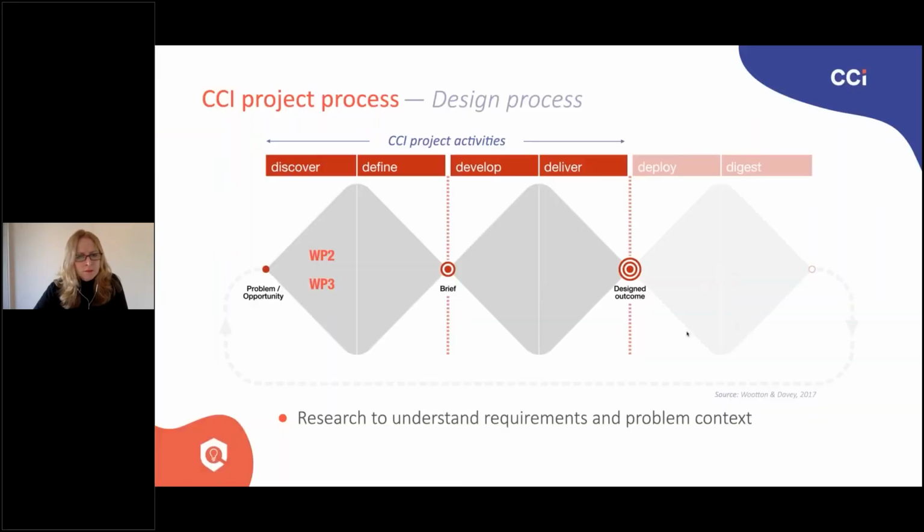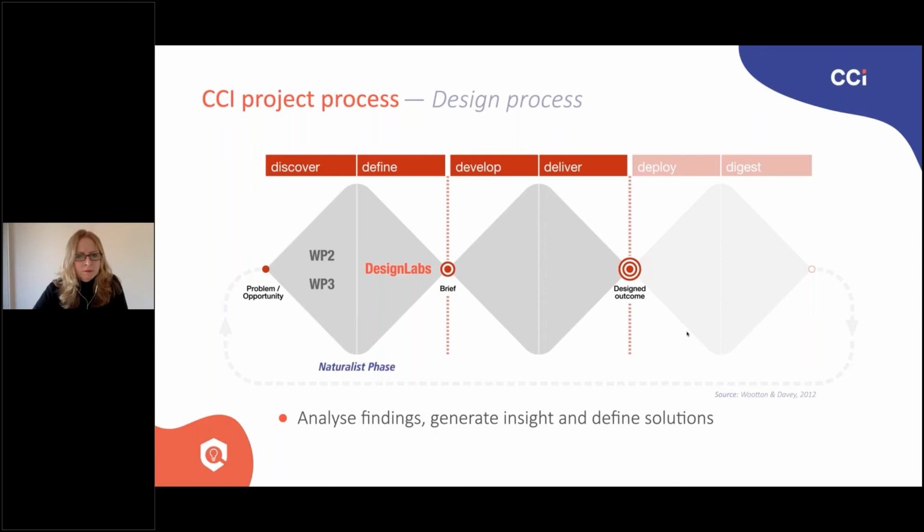Using the results from this research, we then went into the define phase, where we ran a number of collaborative design lab workshop activities to analyze findings, generate insights, and define solutions.